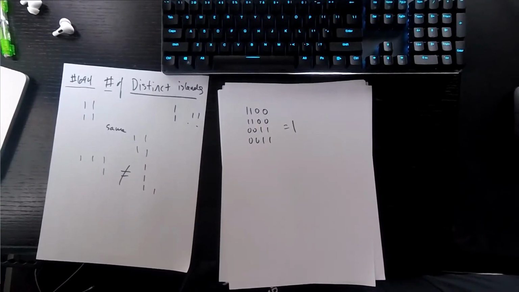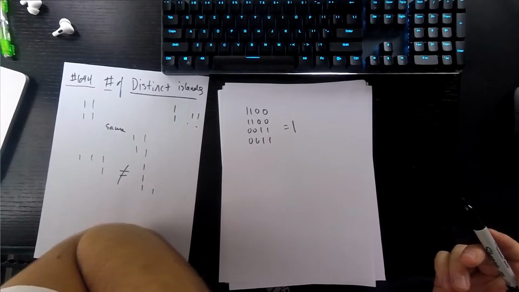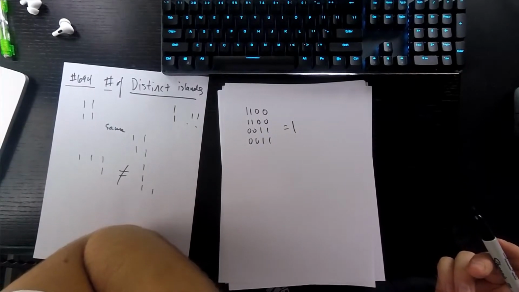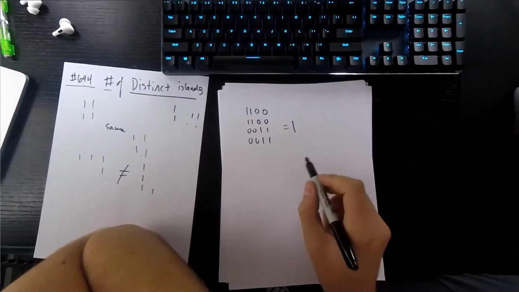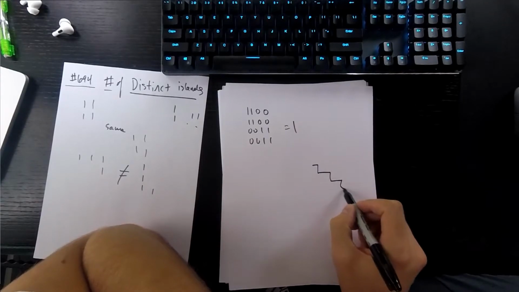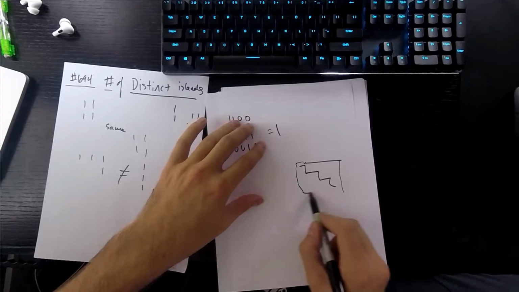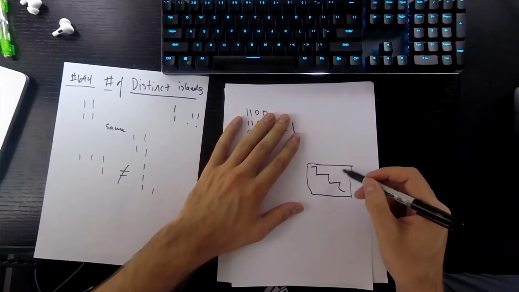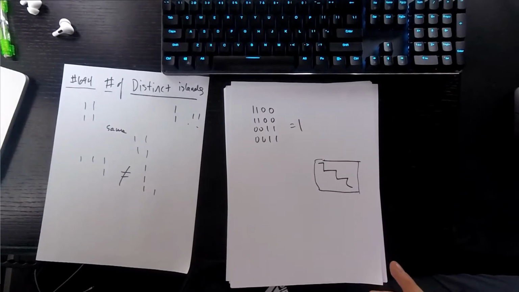You could do that, but that takes O of n extra space. It would be a way to do it. It can get complicated once you get a very diagonal island, where you would have to be wasteful and store the whole space of a bunch of zeros that you really don't care about. So that would be one way.